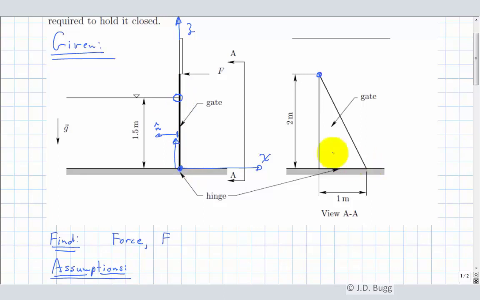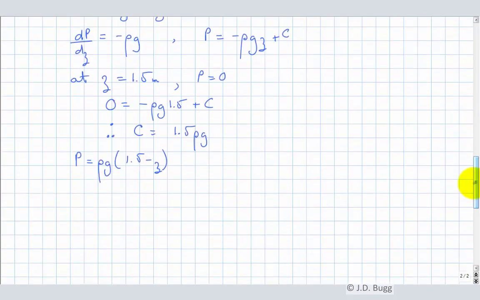What I should do is go over here to this view and show the coordinate system on there as well. So that's Z, and this is Y. So the gate is lying in the YZ plane, so an element of area is dy dz. So go back down and state that: the last thing we need here is dA is dy dz.